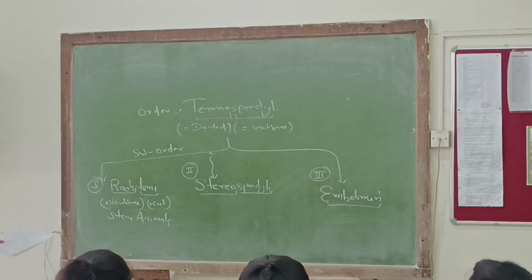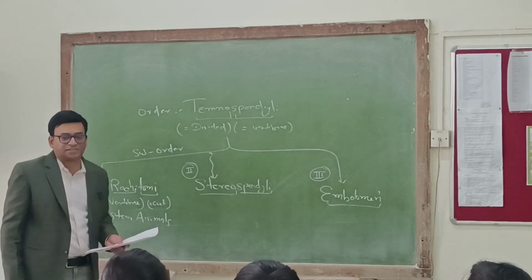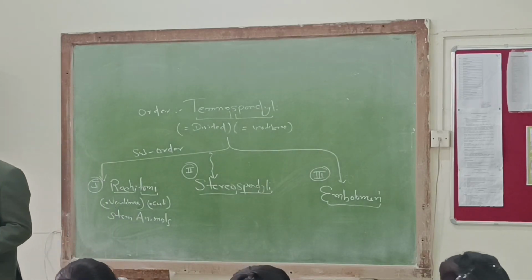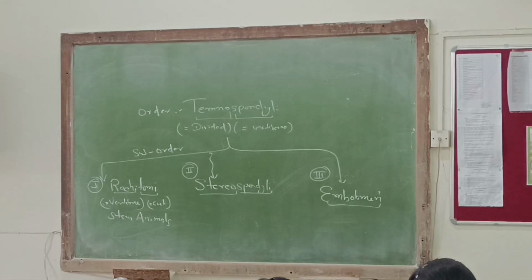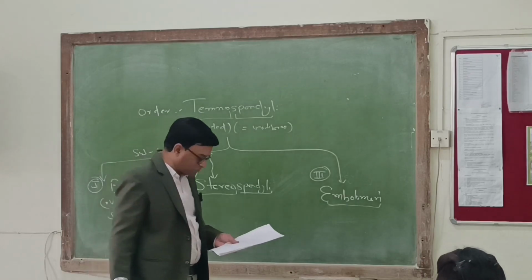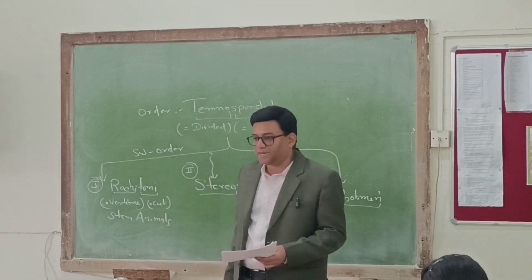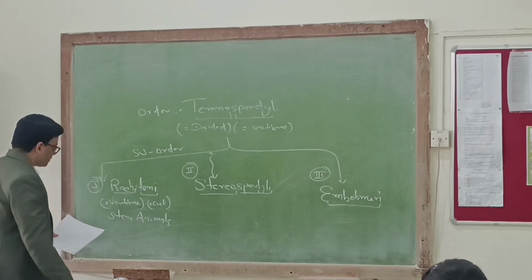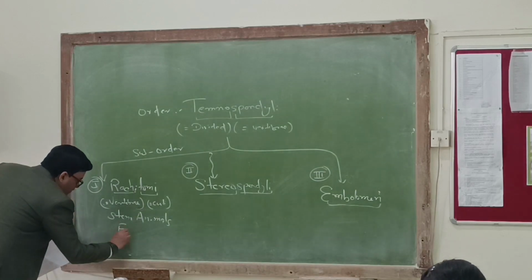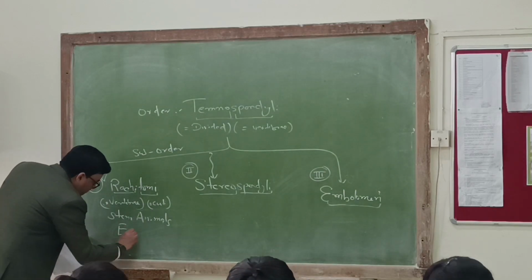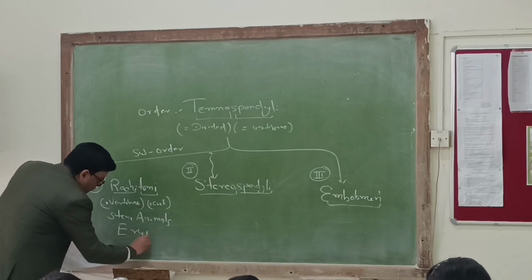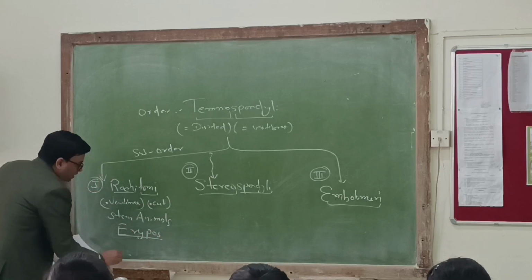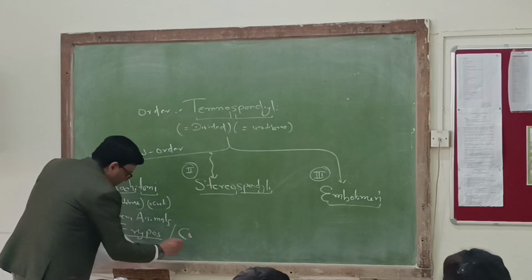Because they are the evolutionary ancestors of modern day amphibians, they are also called stem animals. And the examples are Eryops and Parioxys.